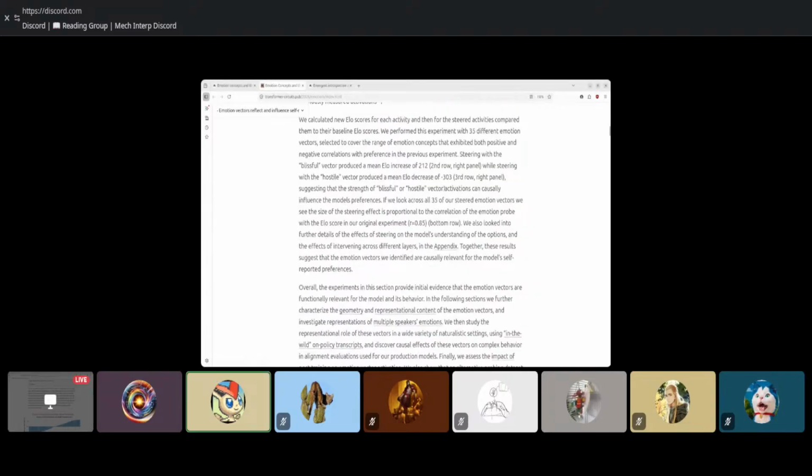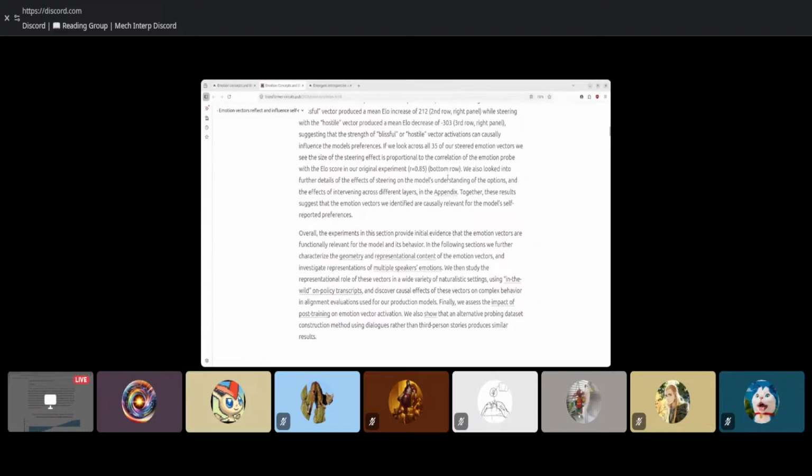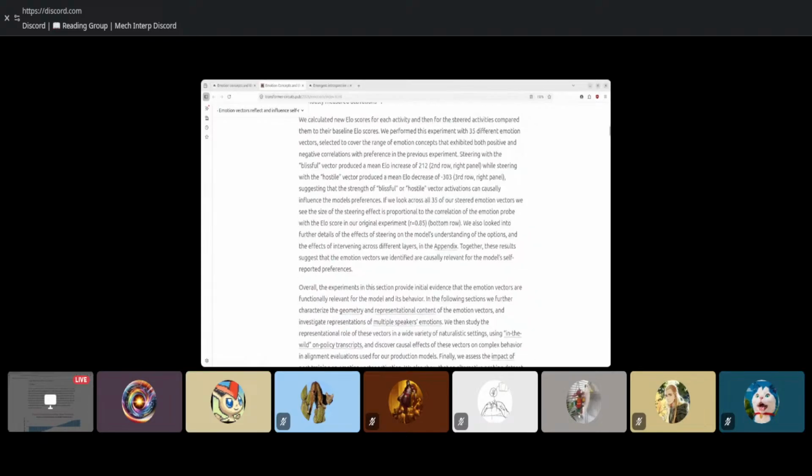They calculate the Helios scores and compare with the baseline. So this is the thing we were talking about earlier: steering with blissfulness to some activity makes it like it more. So if there is some button in an environment, I wonder if that makes it more likely to press it.